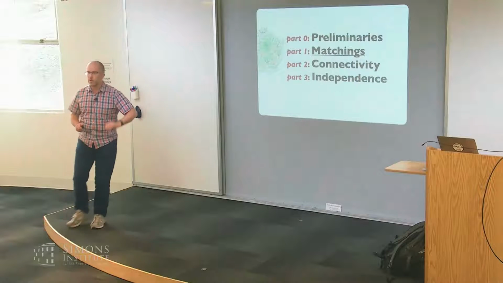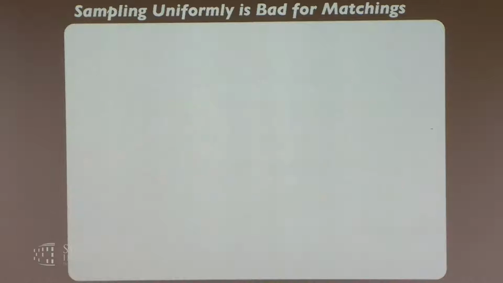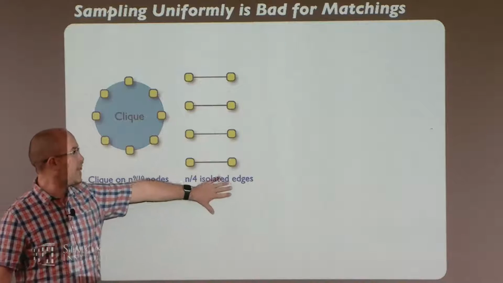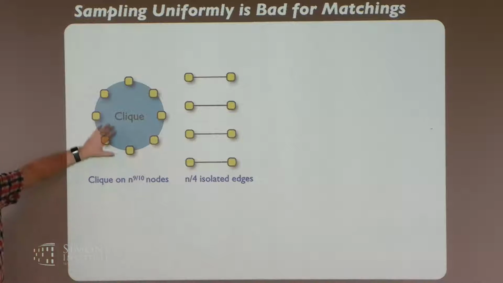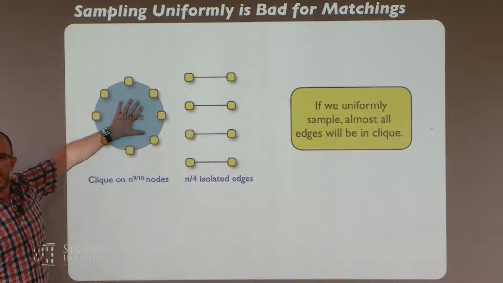Okay, let's go into matchings. So uniform sampling we can do efficiently. It's great for some problems. Is it great for matching? Fortunately not. If you imagine a graph like this, where we have n over 4 isolated edges, and a clique on n to the 0.9 nodes, and we start uniformly sampling edges, then almost all the edges that we sample are going to come from the clique.